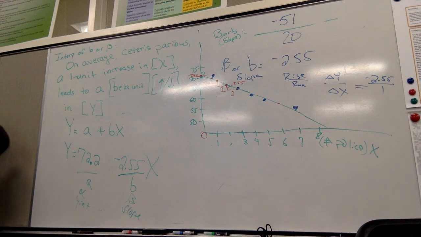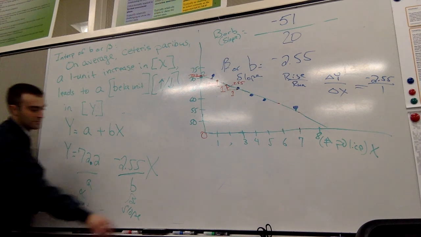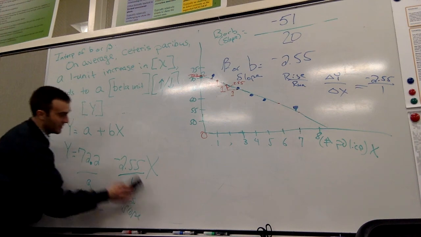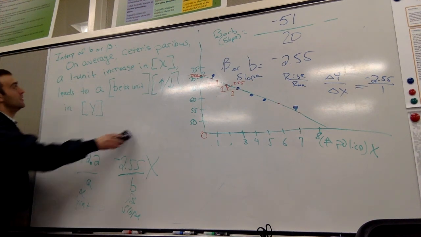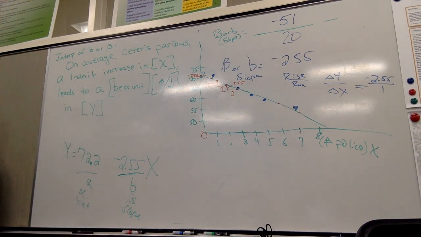So the template we have in brackets will change based upon the information you're given. So always put in on average ceteris paribus a 1 unit increase in, we're going to figure out what x is, leads to a beta unit increase or decrease in whatever y is.